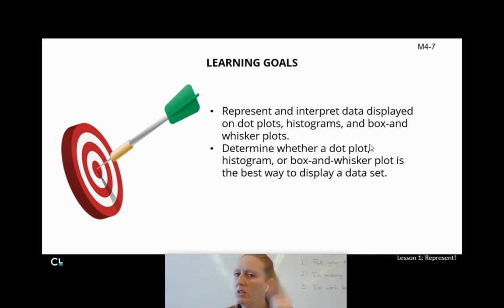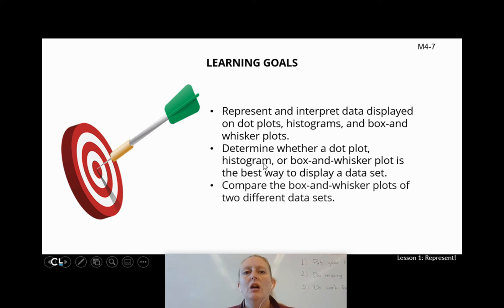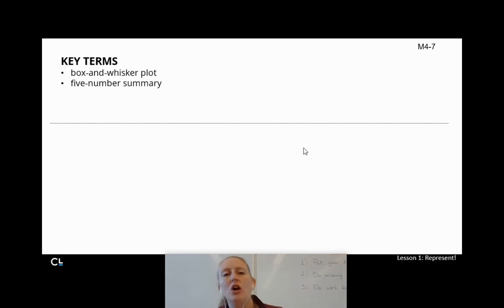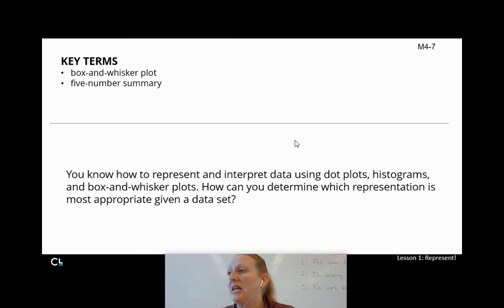So when would we want to use a box and whisker plot? And we're going to be able to use our box and whisker plots to compare two different data sets. That might be a clue as to when it's good to use a box and whisker plot. So yeah, key term today is definitely going to be box and whisker plot. And along with that, we're going to get something called a 5-number summary. Okay, so keep that in mind. That's going to be happening.